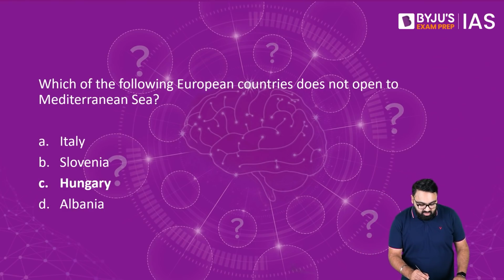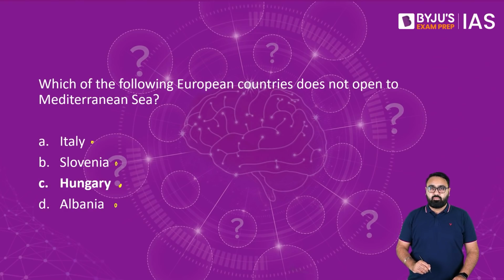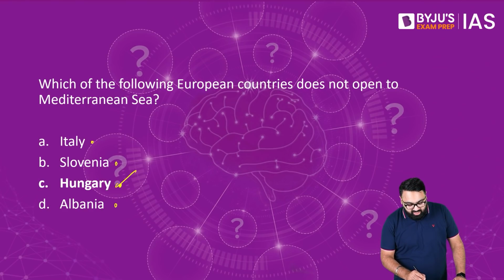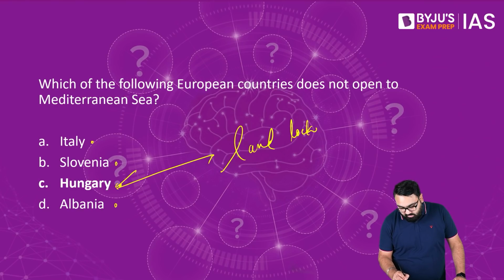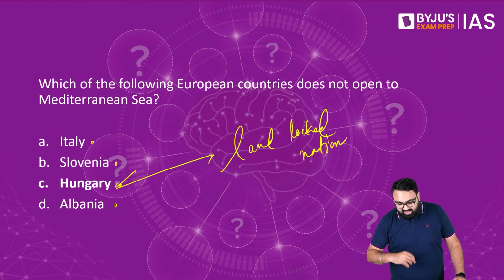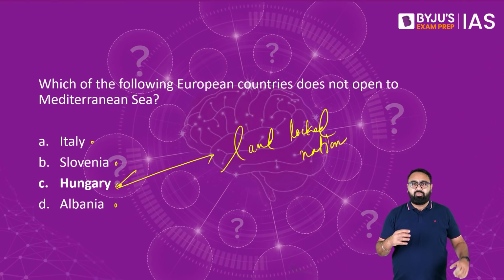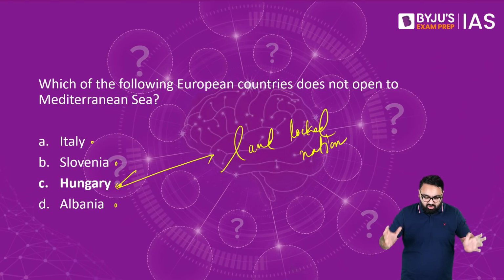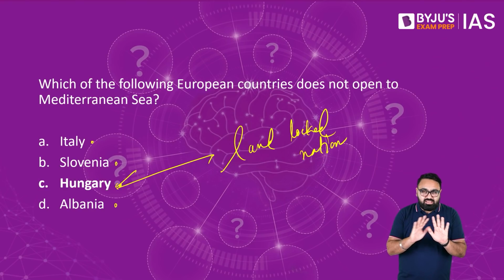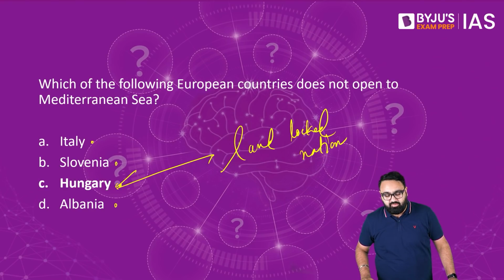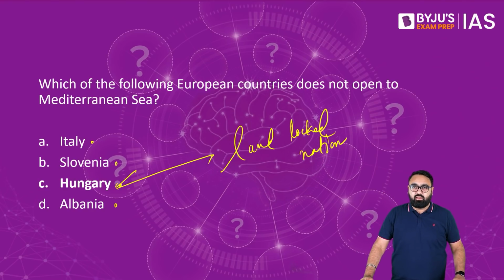The options that you have are Italy, Slovenia, Hungary, and Albania. The answer here is Hungary. Hungary is actually a landlocked nation. Since it's a landlocked nation, if ever you see Hungary in any of these options, asking which water body is surrounded by Hungary, Hungary is a landlocked nation, so it is not surrounding any water body. So Hungary is a safe bet here.